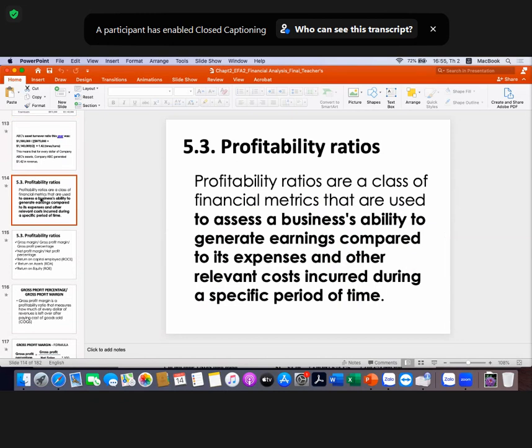As you know, profitability ratios are a class of financial metrics used to assess a business's ability to generate earnings compared to its expenses and other relevant costs incurred during a specific period of time.